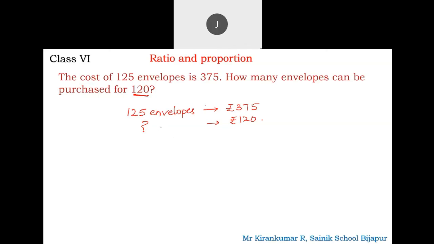If you consider x number of envelopes, others say it is 40.